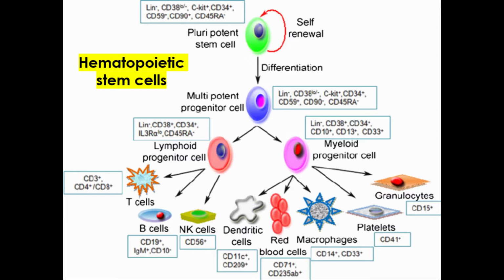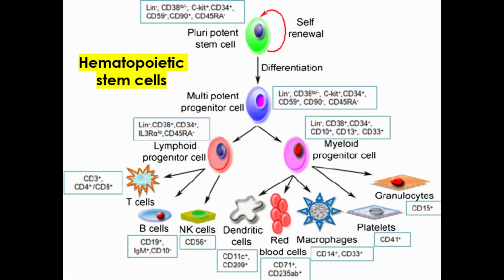There is a word, pluripotent stem cell, at the top of the slide. What is pluripotency or multipotency? It is the ability to differentiate into all types of functional blood cells. While self-renewal, as you can see on the other side, is the ability to give rise to identical daughter hematopoietic stem cells without differentiation.